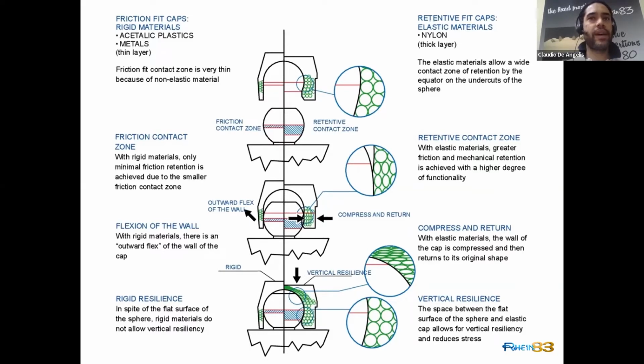So it's more difficult to repair or change a sphere than to remove a cap, change a cap, and put into the denture a brand new fresh cap. Okay, this is the idea. So all the attachment systems by Retentive 3 are designed to preserve the sphere as much as possible.